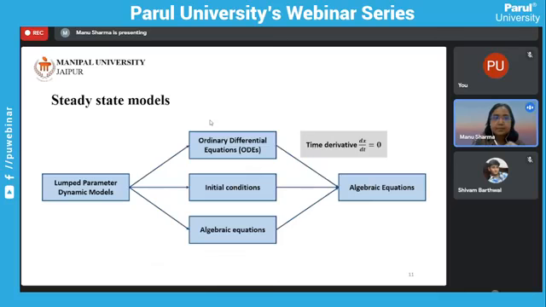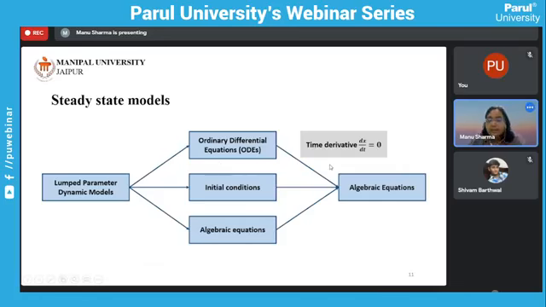Coming to the next type of model, the steady state model, where the parameter values do not change with time. We assume that now the parameters are pretty much constant. Again, for the lumped parameter dynamic model, we had already discussed that we get ordinary differential algebraic equations. Now if we are talking about ODE in steady state models, with respect to time there is no change in the value of that parameter.